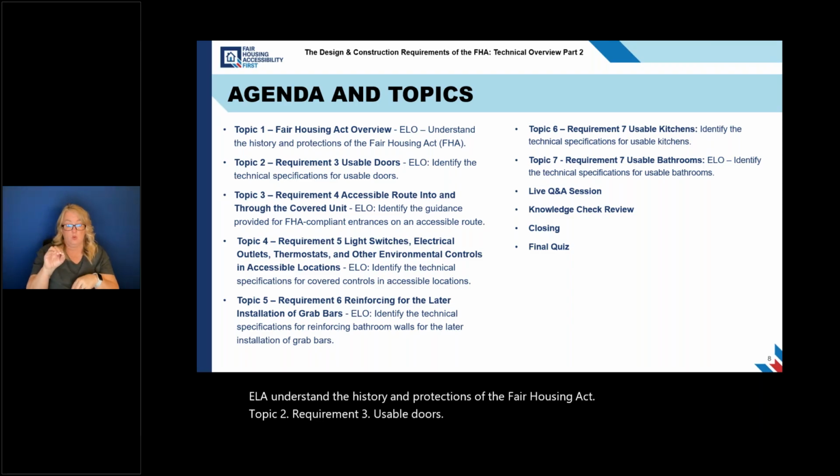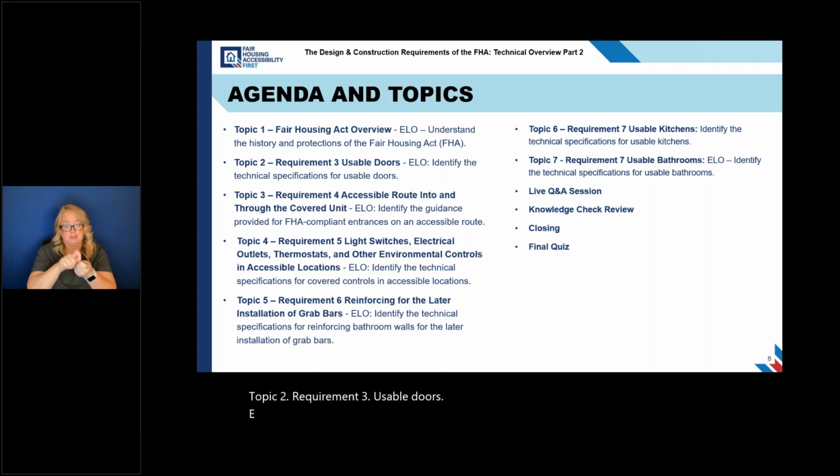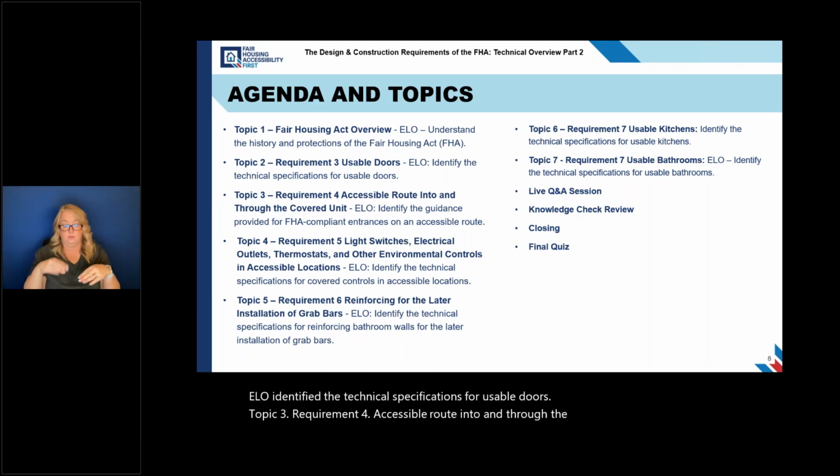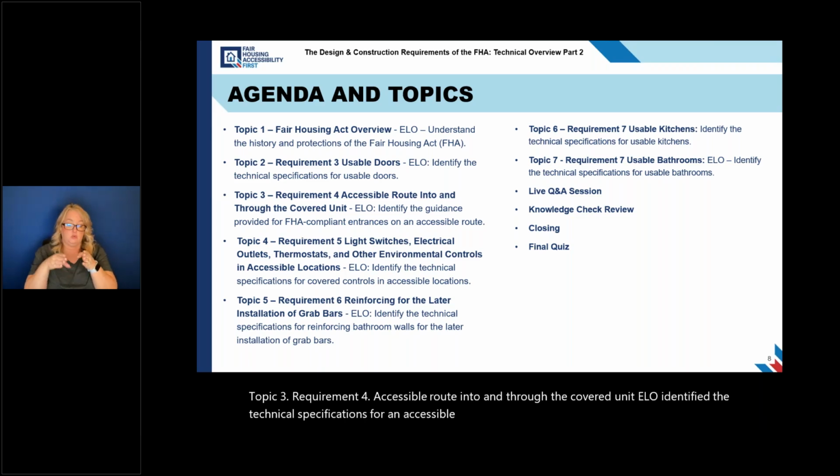ELO, identify the technical specifications for usable doors. Topic 3, Requirement 4, accessible route into and through the covered unit. ELO, identify the technical specifications for an accessible route into and through a covered dwelling unit.